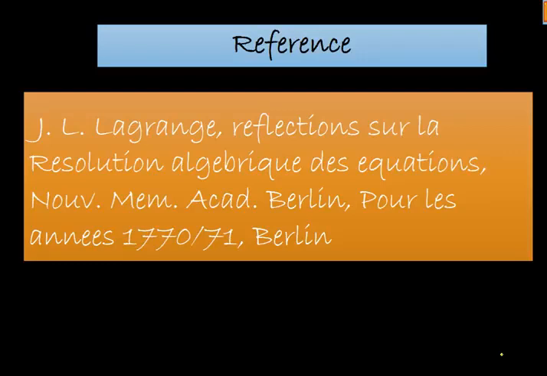So what was his statement? Let us first understand what Joseph Lagrange actually stated in his article in 1771. For the sake of simplicity, consider three variables x, y, z.